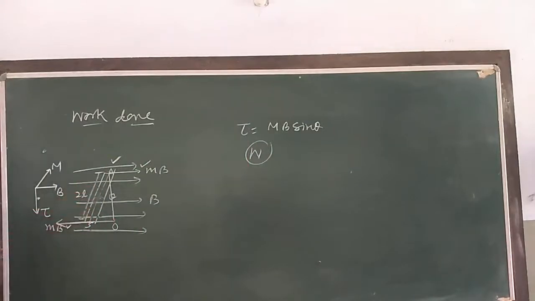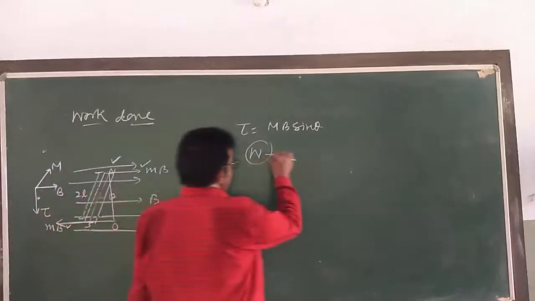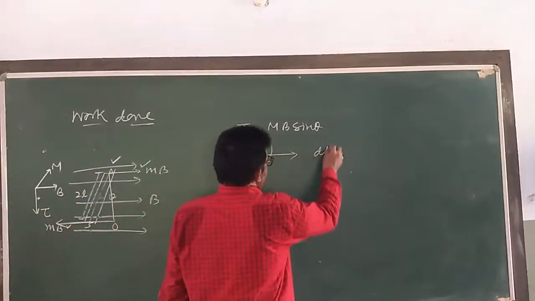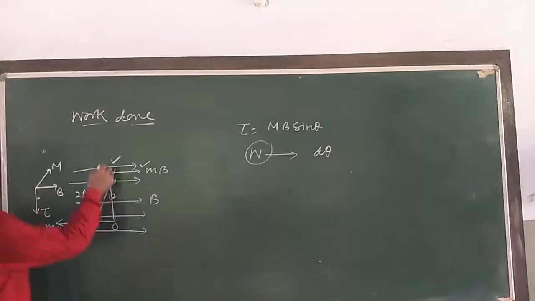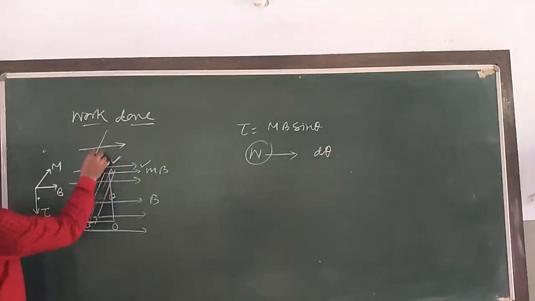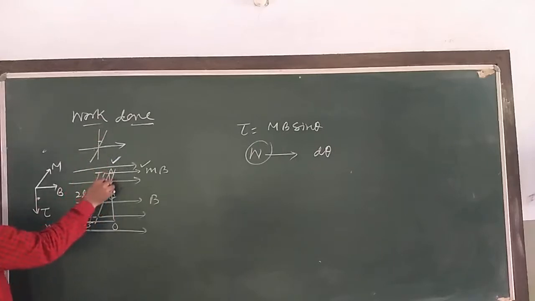So the work done in rotating the dipole, say through a small angle. Here is the magnetic field, here is the torque, and we rotate it slightly, say by angle d theta.